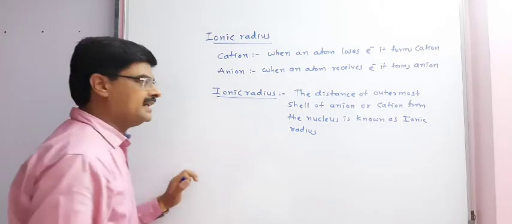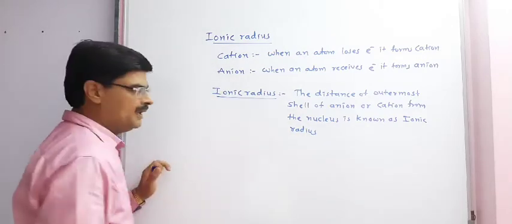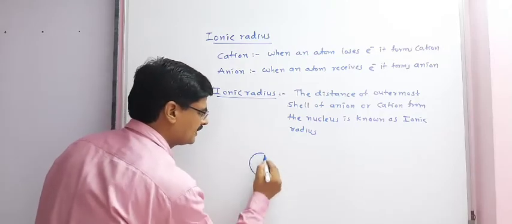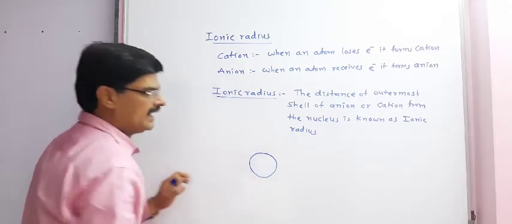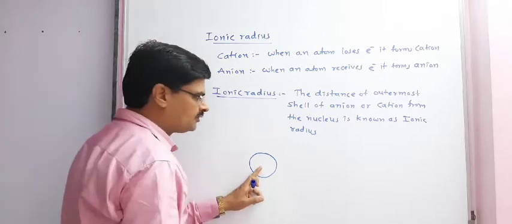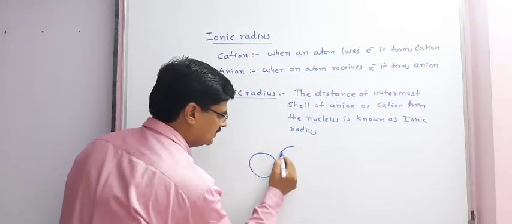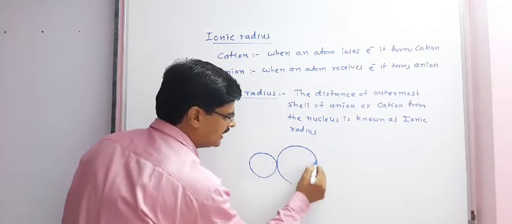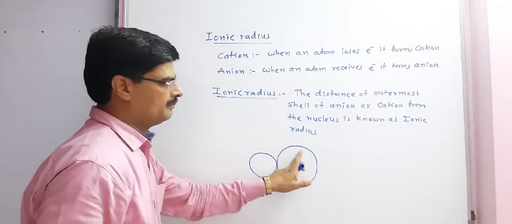To understand the ionic radius, we can draw the simple diagram. Cationic radius is always smaller and anionic radius is always greater.